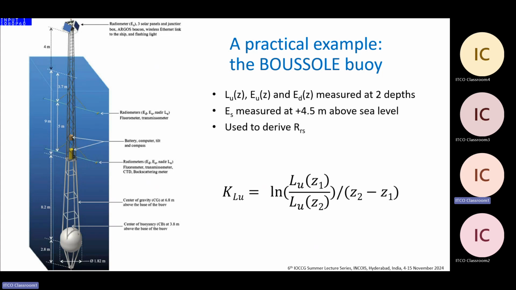So that's the example of this BOUSSOLE buoy that has been deployed for many years in the Mediterranean Sea. This one had a measurement at, roughly speaking, 4 meter depth, and another one at 9. And the downward irradiance above the surface was measured at plus 4 meters above the sea level.